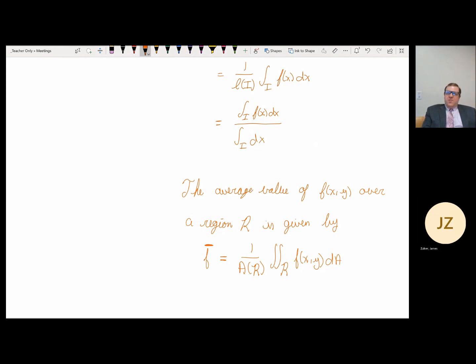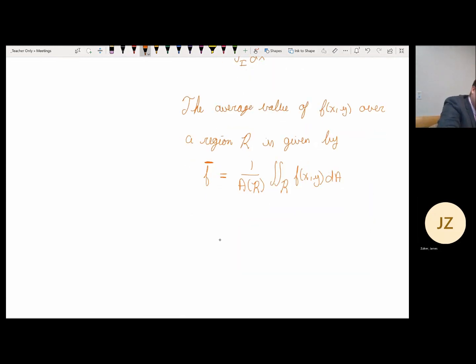So 1 over the area of your region times the integral over the region of your function. Area of a region is just the integral over that region of the area differential.